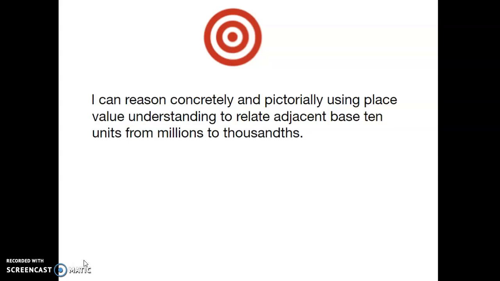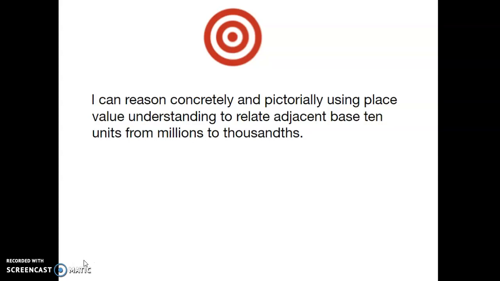So our target for today is: I can reason concretely and pictorially using place value understanding to relate adjacent base 10 units from millions to thousandths. Remember, a unit is a number.